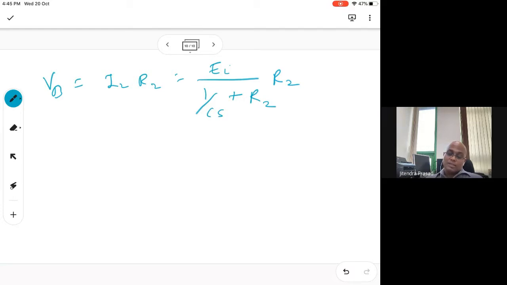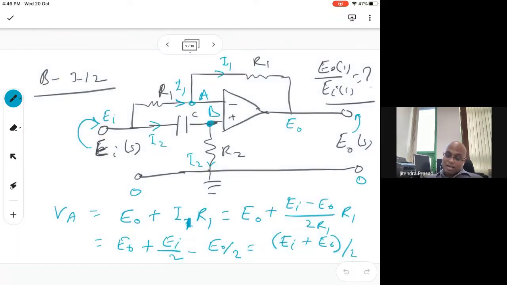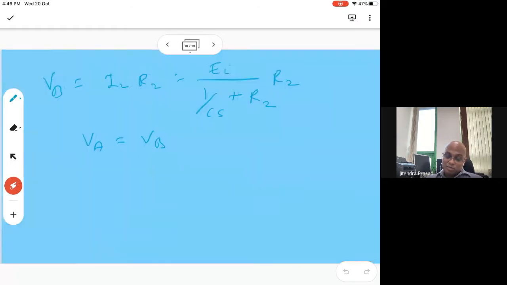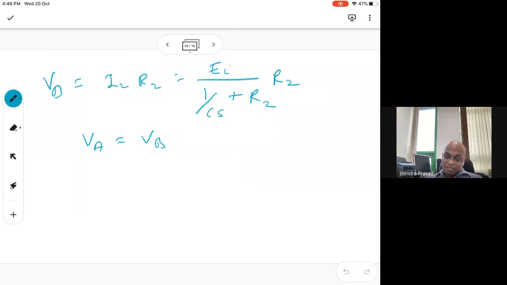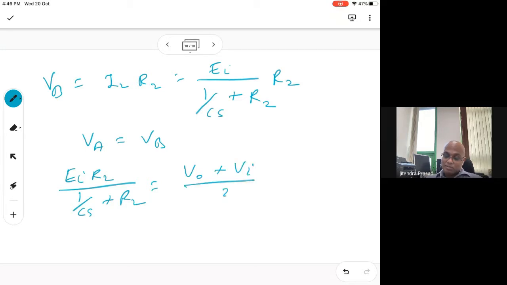So this is VB, but remember that VA equals VB, which we have to set equal, and hence VA is equal to (E1 plus E0) over 2. That really means E1 R2 over (1 over CS plus R2) equals (E1 plus E0) divided by 2.